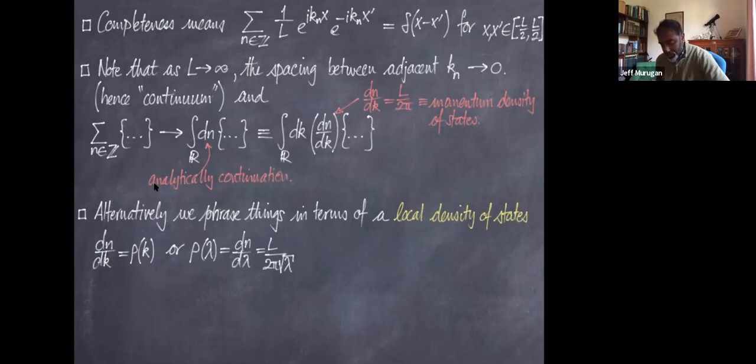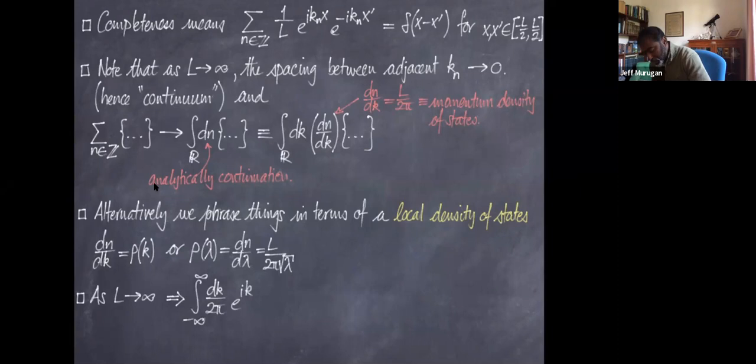And in the continuum limit, as L goes to infinity, the completeness relation implies that the integral from minus infinity to infinity of dk over 2 pi, e to the i k (x minus x prime), is equal to the delta function.